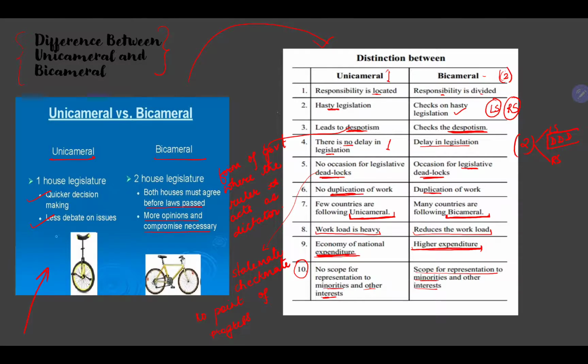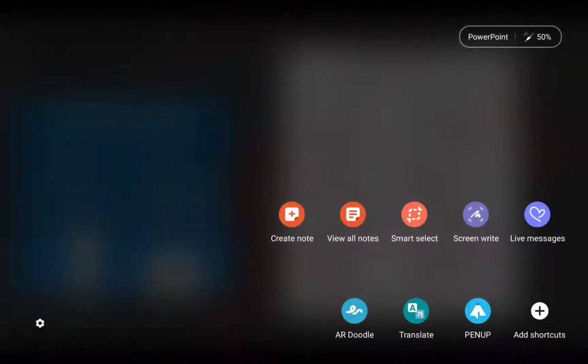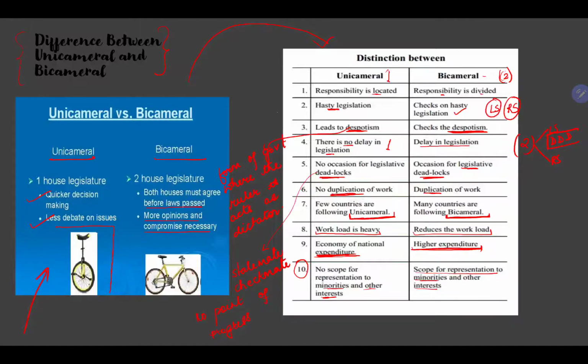So for your understanding, this is unicameral and this is bicameral. If you forget, try to remember this picture of a one tire unicycle and a bicycle. Bi means two, uni means one. So I guess till now you are clear. We talked about unicameral and bicameral, right?